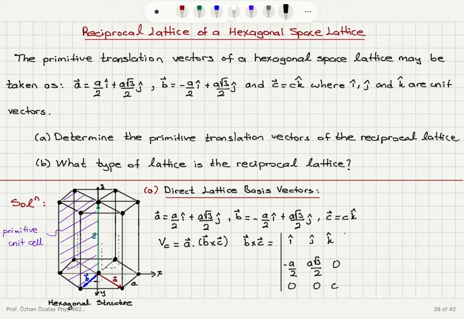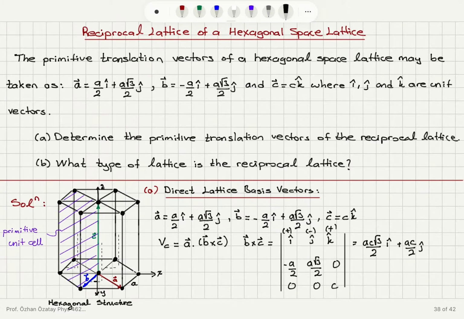So we have to evaluate this determinant. And for the first row, we have plus, minus, plus. So this is going to give us, for the determinant, a c square root 3 over 2 i hat, and then we will have plus a c over 2 j hat.